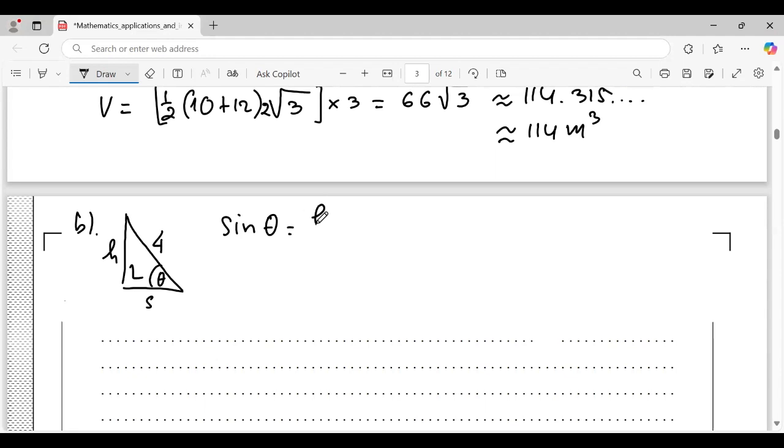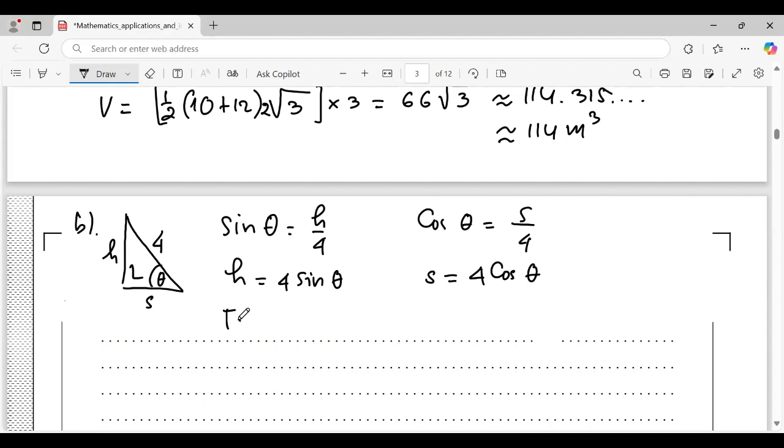Sine theta is H over 4, so H equals 4 sine theta. Cosine theta is S over 4, so S equals 4 cosine theta. So the top edge will be 10 plus 4 cosine theta.